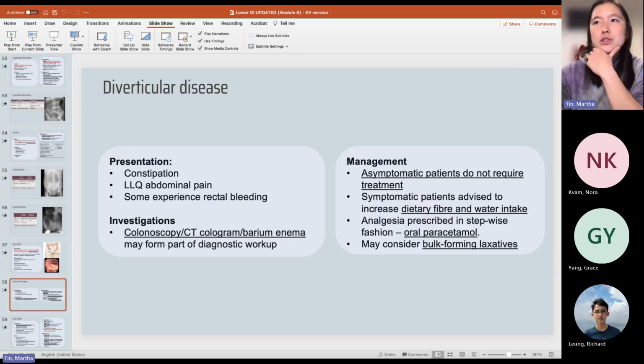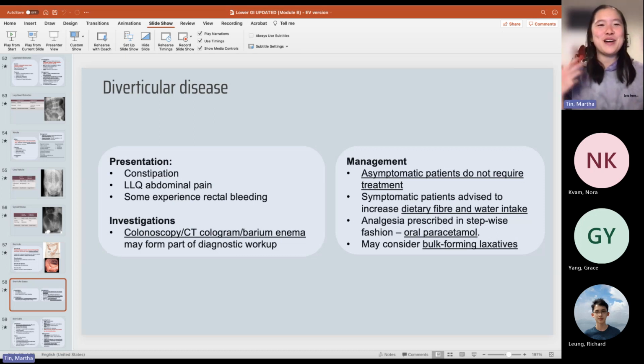Cool. So let's talk about diverticular disease. One of the surgeons told us last year, I don't know how accurate it is, but a useful way to remember is you can think of it as the old person version of appendicitis, and it affects the opposite side of your abdomen.